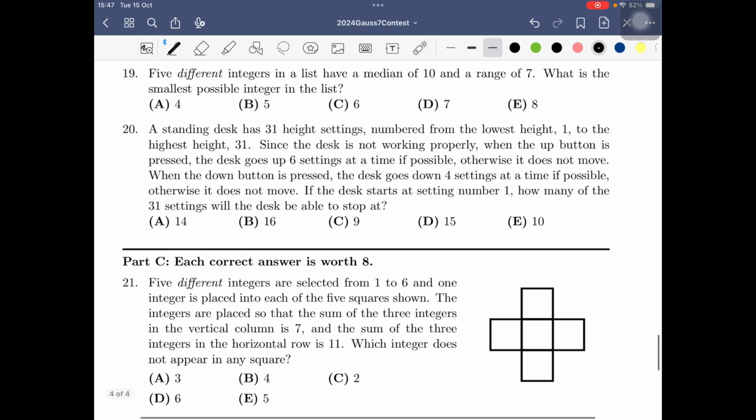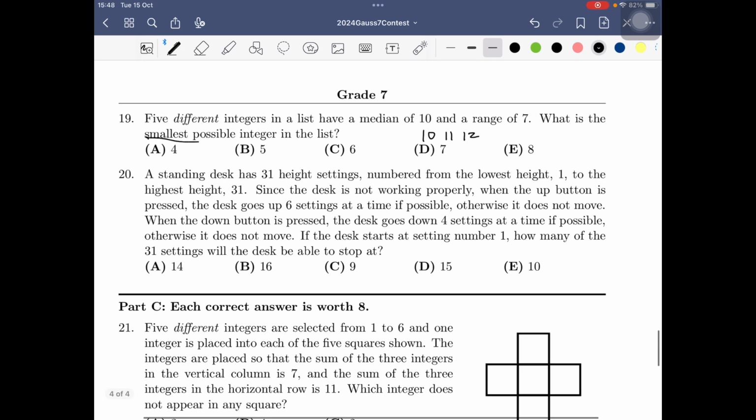Number 19. 5 different integers in the list, with median 10 and range of 7. What is the smallest possible integer? So if this is the median, the next ones should be, let's make it 11 and 12, because this is asking about the smallest possible integer.